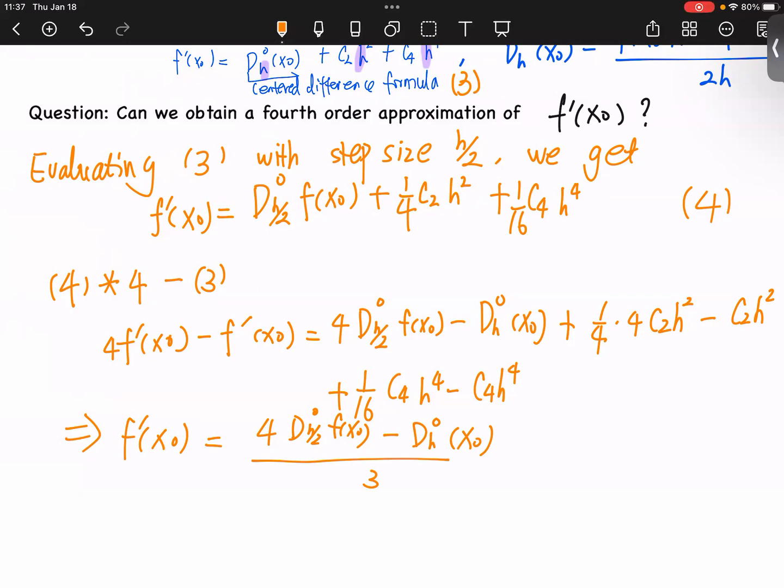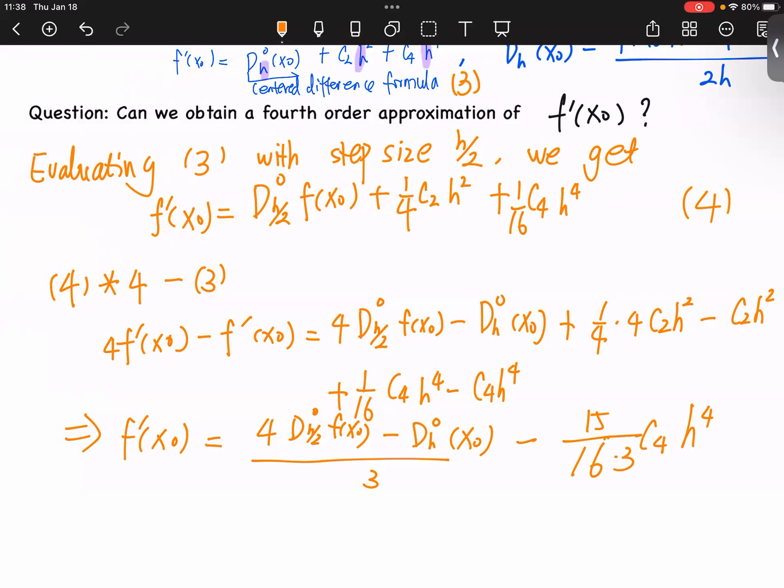And then for this one, what do I have here? I think I got a wrong calculation. So here we have 16, and this is the negative 16/15, and then C4, h^4, times 3 here.